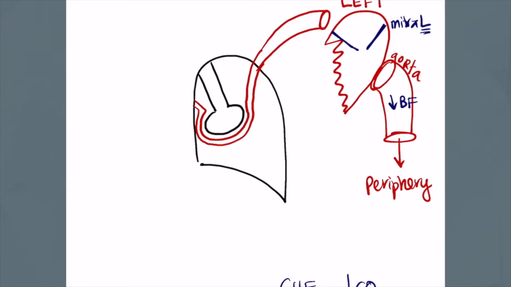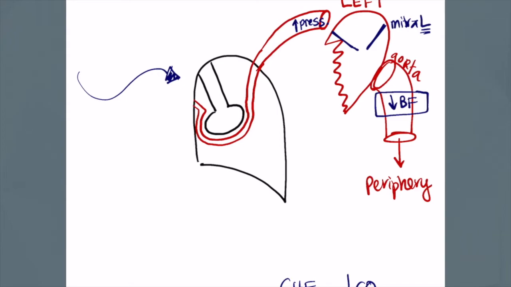And all that blood is going through the lungs and getting dumped on the left side of the heart. But the left side of the heart can't pump as well, and it's having reduced blood flow leaving, which means pressure is going to build up in the system behind it. Because you can't get all the blood flow out and it keeps on coming from the other side, that's ultimately going to build up pressure in the pulmonary vasculature.